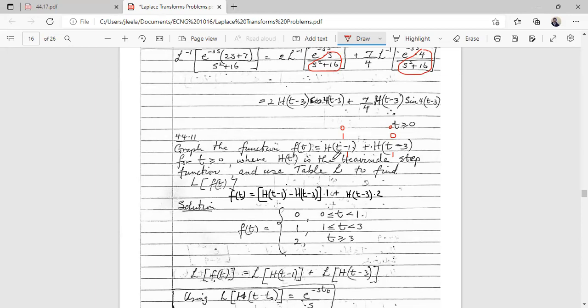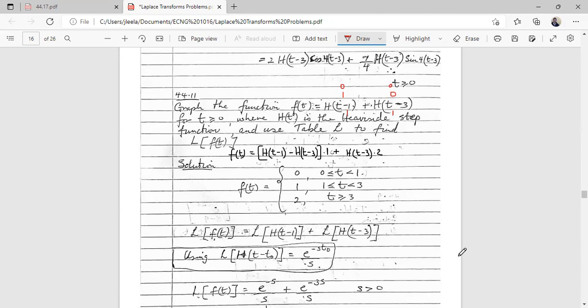So based on the information given here, between 0 and 1, based on the Heaviside rules here, the sum of both of them is 0. Between 1 and 3, the sum of both of them will be 1, and between 3 and infinity, or 3 and beyond, the sum of both of them will be 2, right?